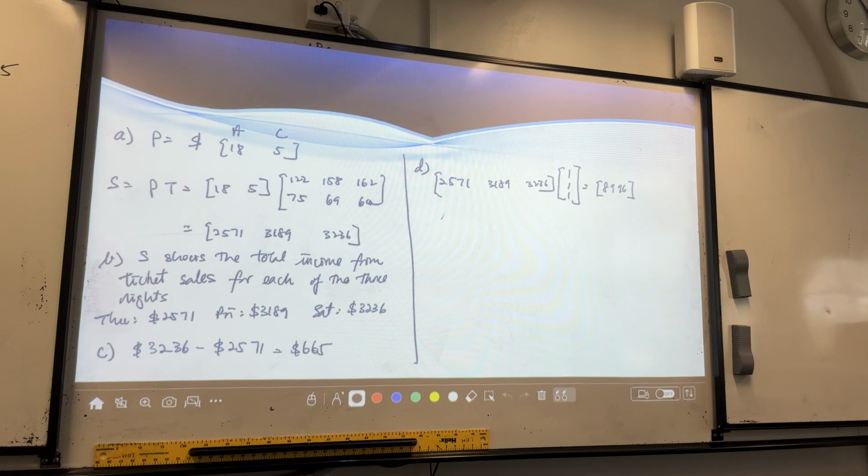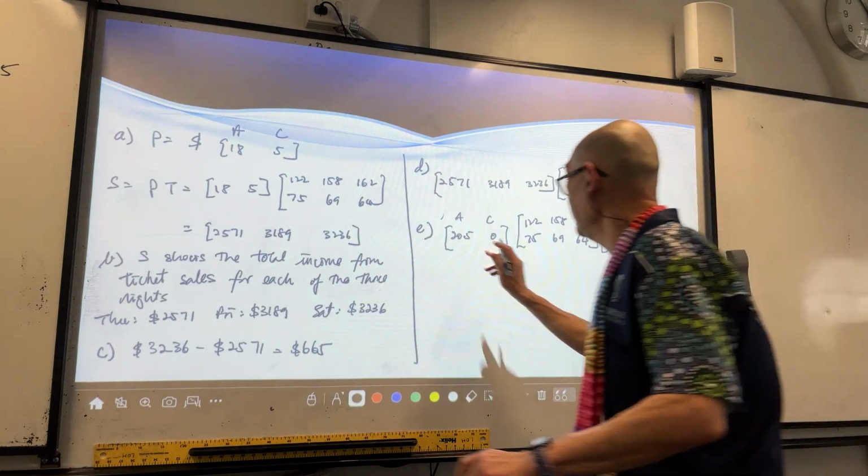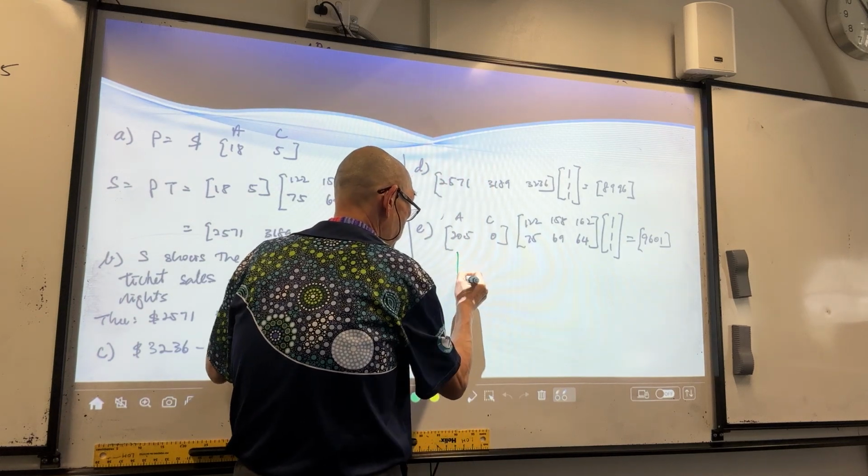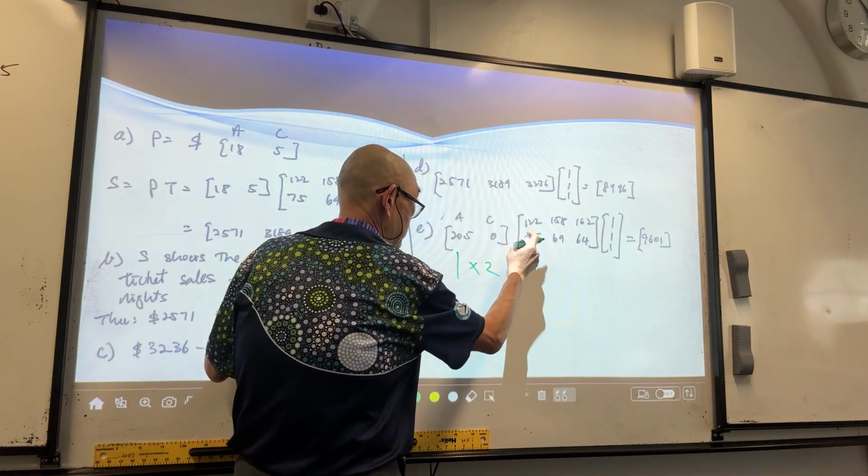So the next one, what you need to do is start thinking about the cost of the child is now 0. We are changing the P. The cost is 0 and A is now 20.5. And again, this time I'm multiplying 3 matrices. So this is 1 row by 2 columns.